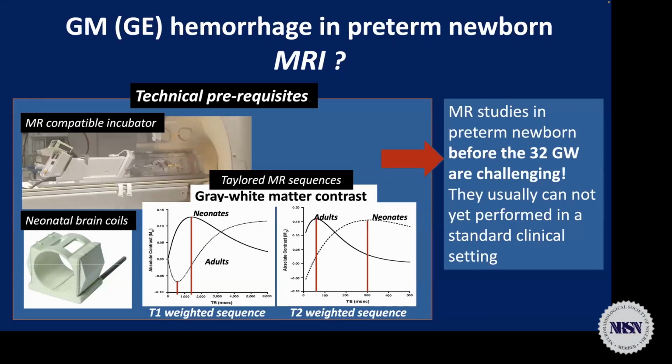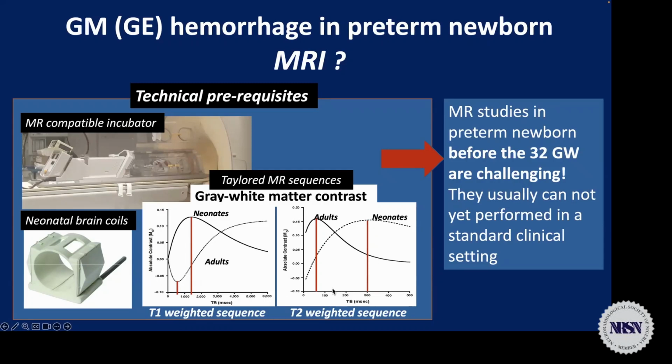We have a lot of difficulties in studying preemies, because to study a preemie before the 32nd gestational week, we more often need an MR-compatible incubator. Possibly we must also have some dedicated neonatal brain coils.